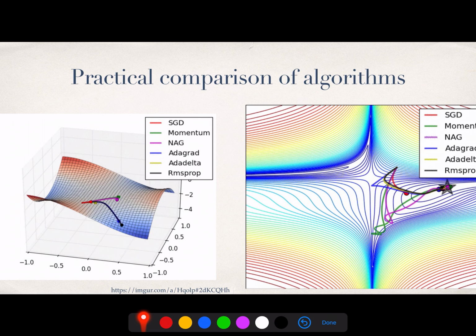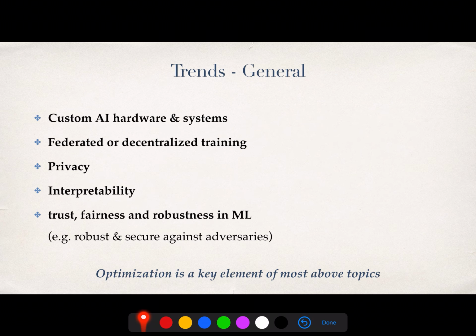So this matters because the time you take to reach a reasonable accuracy is directly governed by this. If you can train 10 times faster, this gives you a saving of 10 times in time, but also in money, because this is very compute intensive, which is also something we're going to discuss a bit more today.